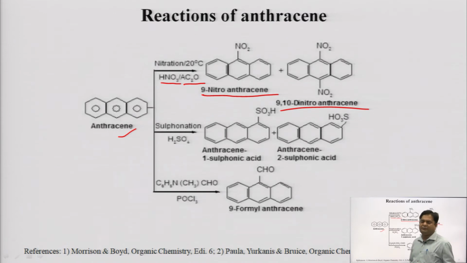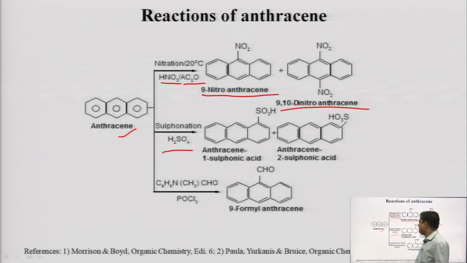Sometimes at the start of the reaction we get 9-nitroanthracene, but if we use HNO3 and acetic anhydride in excess, we also get 9,10-dinitroanthracene. Or if we run the reaction for a long time, we again get a mixture of products, mononitroanthracene and dinitroanthracene.